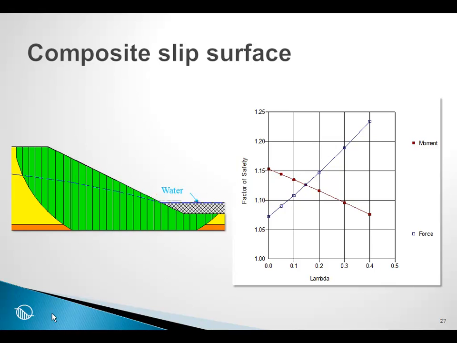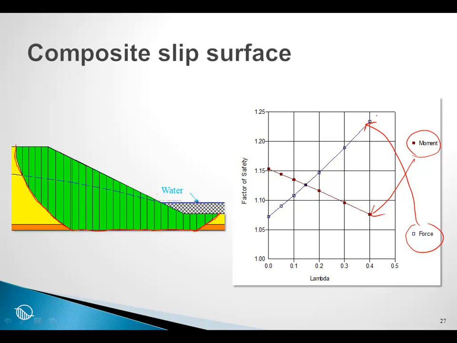Now here we have something that is a little bit more realistic. We have a tension crack, then we are on the arc of a circle, then we slide along some planar segment on top of some hard bedrock in a weak layer, and then we are back on the arc of a circle. Now in this particular case, moment equilibrium is sensitive to interslice shear, and force equilibrium is also sensitive to interslice shear.